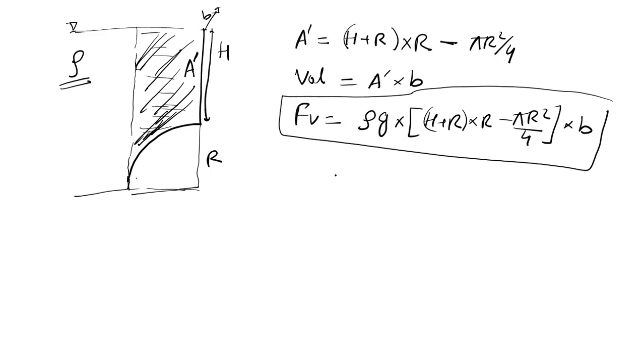What is Fh? Fh is nothing but rho g A x bar. A is R into B, meaning this projected area, right? And then x bar is this projected area's CG from the free surface.